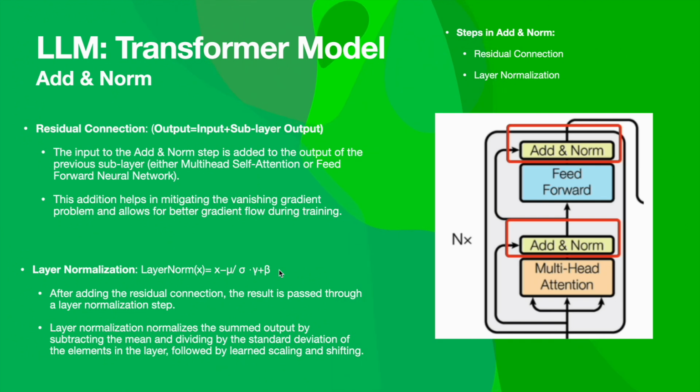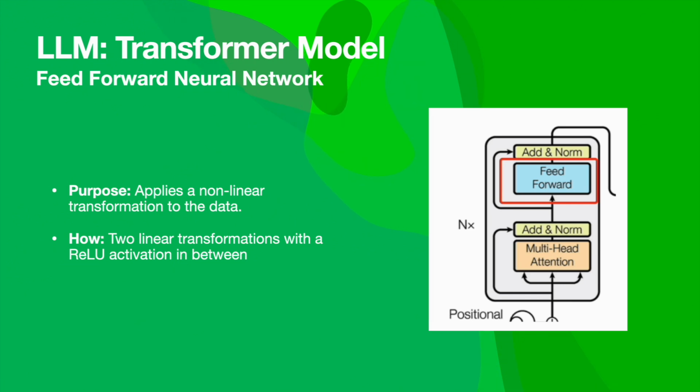So I hope you have cleared the concept of addition and normalization. Now we are going to go with the concept of the feed forward neural network. This is going to be the last step in the encoder section. If you know the concept of ANN or a fully connected network, it's the same thing. You want to apply a non-linear transformation to your data.